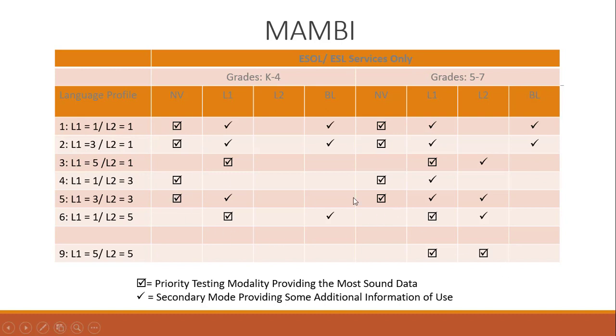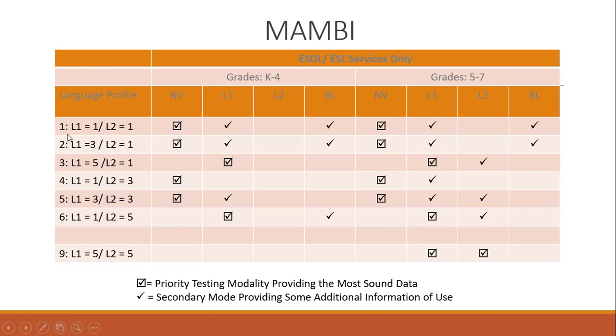So this is the next part of the MAMBI. This comes straight out of the Rhodes, Ochoa, and Ortiz text. First you determine their grade, so that's the table up here. Grades K through 4, and the other option is grades 5 through 7. You have these different profiles, 1, 2, 3, 4, 5, 6, then 7 and 8 are not listed, and then 9. If you go to the text, for some reason I don't think 7 and 8 are even in there, but I think it's something you could find out if you want.